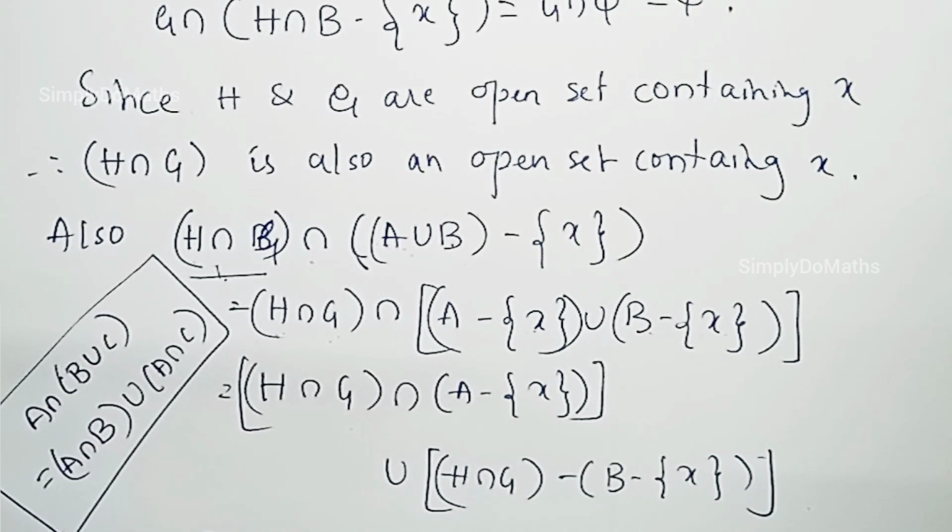Now this can be written as H intersection G intersection (A minus singleton set X).